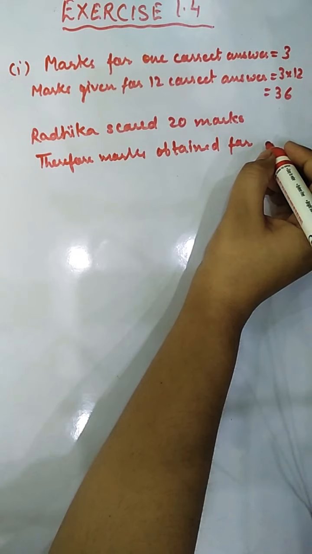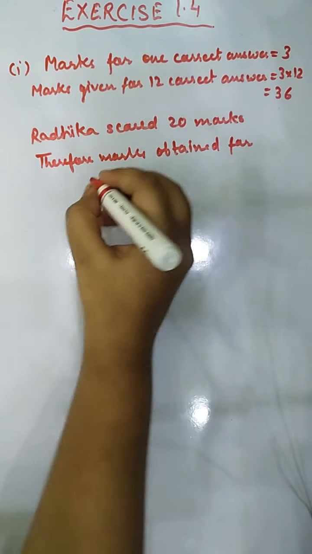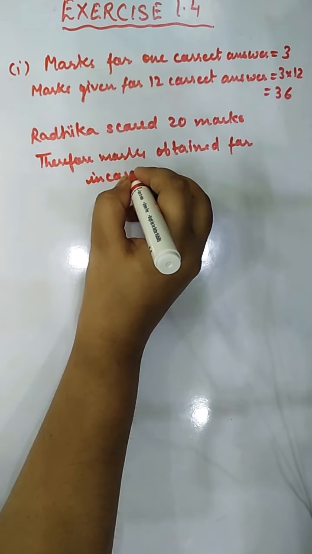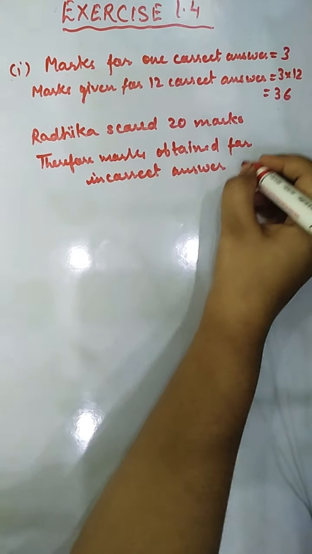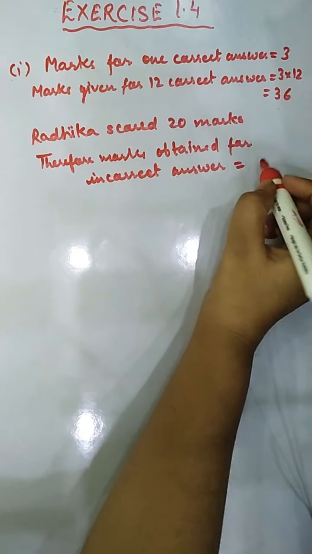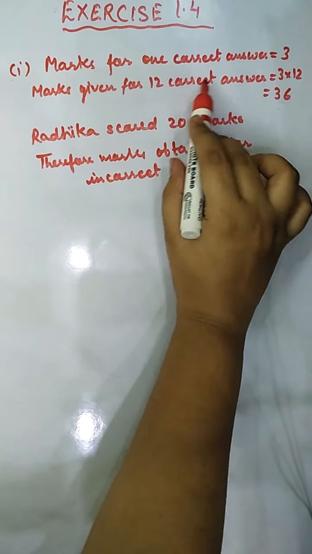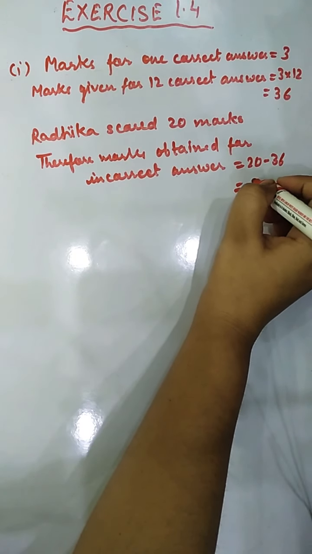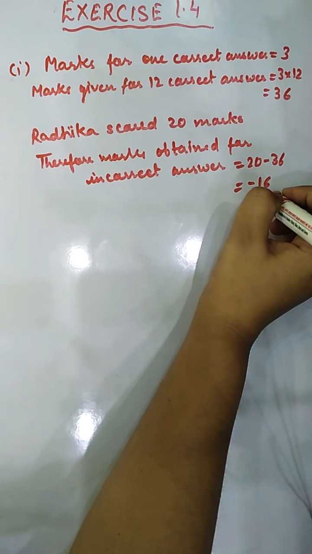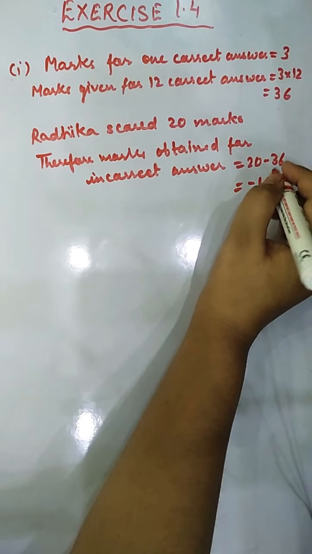For incorrect answer, how much marks she must have obtained? 20 marks she has scored, and for correct answer it was 36. So it means she has got minus 16 marks for attempting wrong answer.